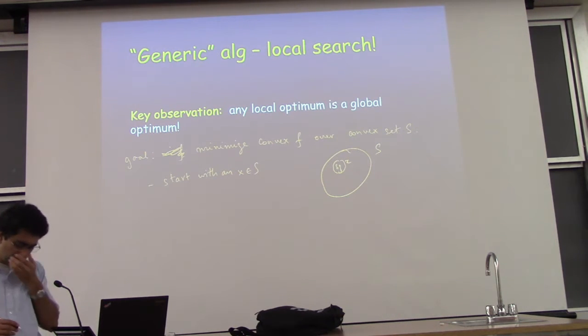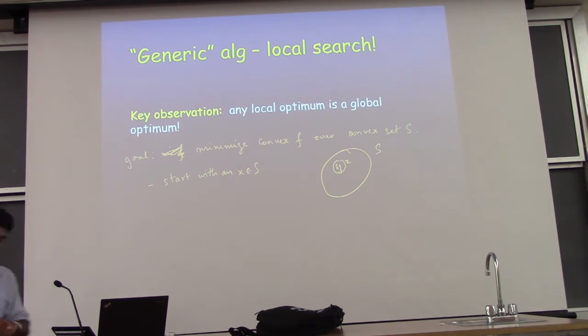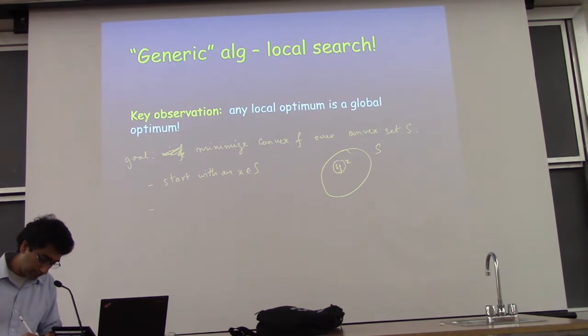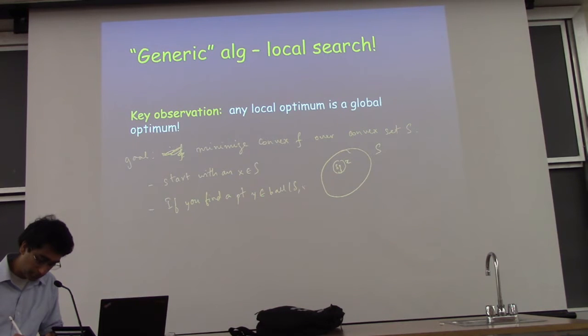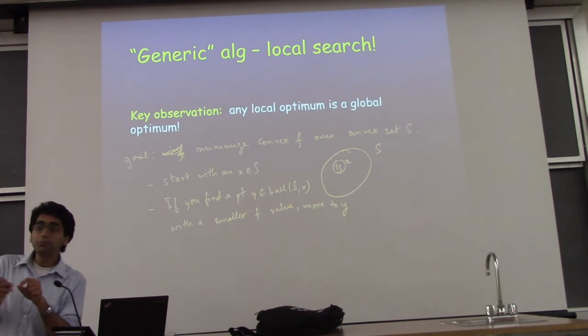So: find a point y in the ball with a smaller f value, move to y. Okay, and keep doing this.